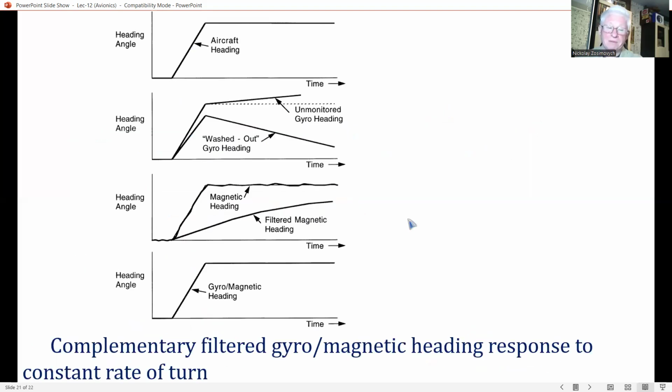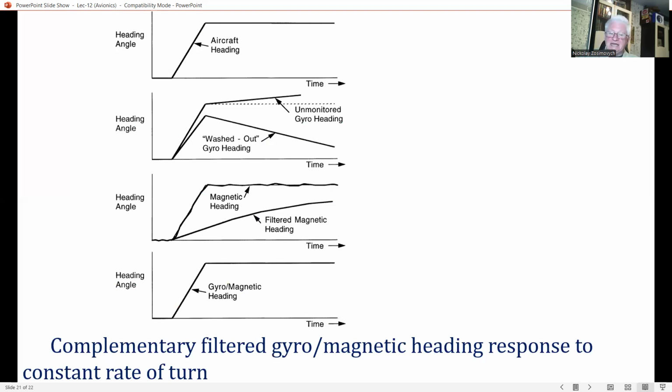The complementary filtering thus enables the best of both worlds to be achieved. The basic accuracy and repeatability of the magnetic heading sensor is retained, but any noise and transient error during maneuvers are heavily smoothed and filtered.